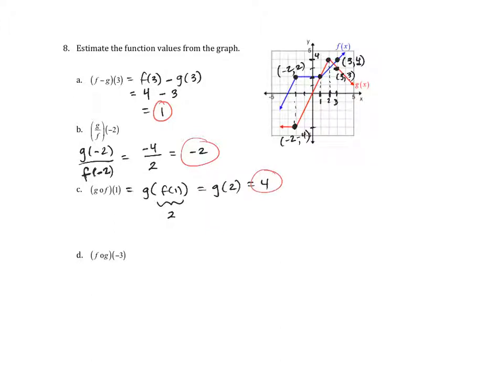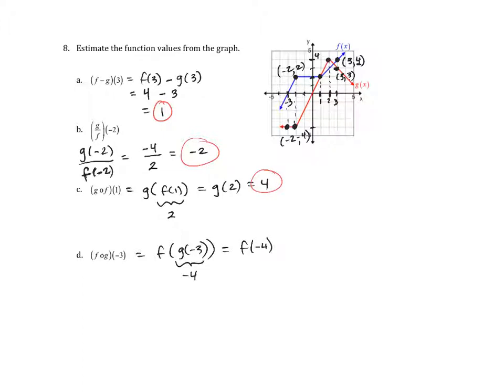Okay, one more. I'm going to take f of g of negative 3. Okay, so let's first figure out g of negative 3. Negative 1, 2, 3. And the g, let's see, that's the red one, so we go down here. Looks like that y value is negative 4. And so now that's what I'm going to input into f.